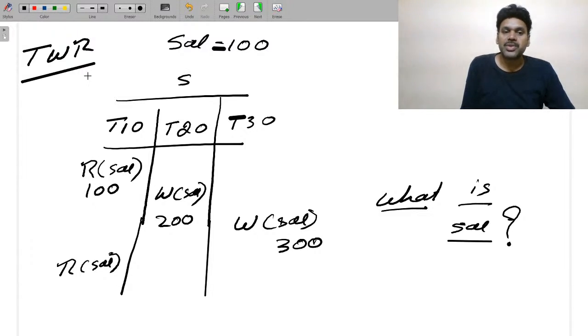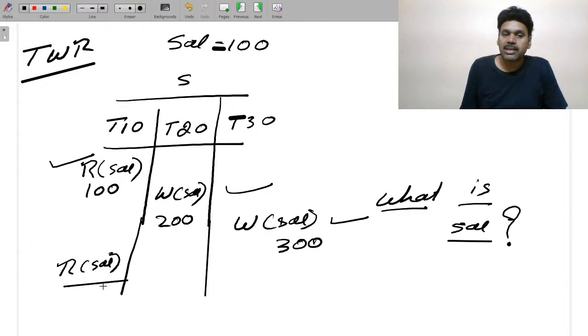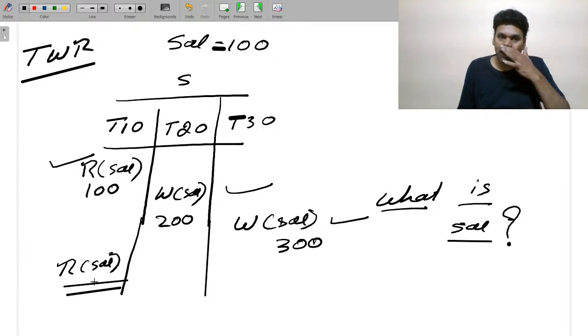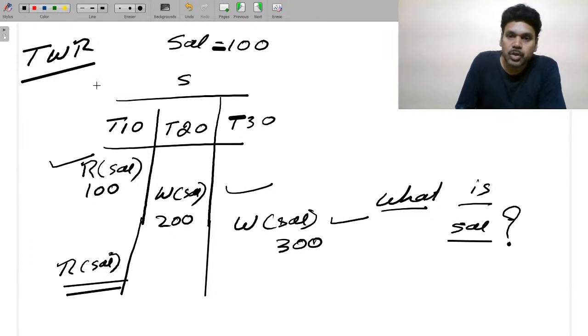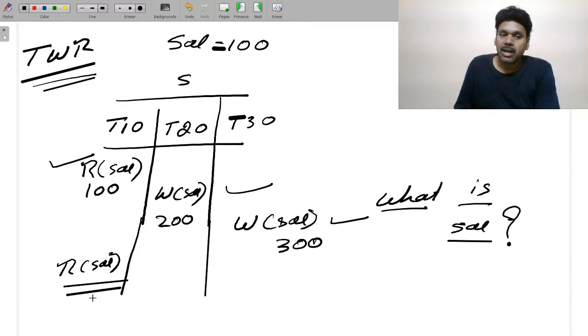So I'm using Thomas Write Rule. So this is okay, this is okay, this is okay. What about R salary? All of you, I'm asking about Thomas Write Rule. So what about R salary?